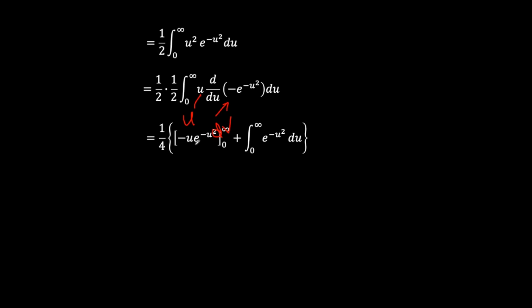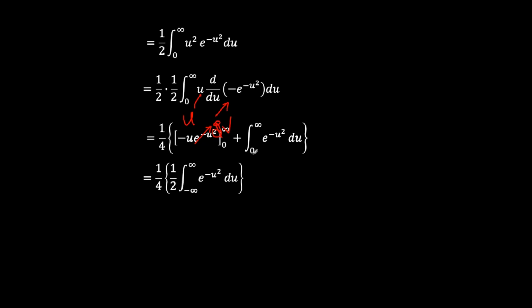Now with this, as u tends to infinity, this exponential part tends to 0, right? And when u is 0, this part also goes to 0. So this entire part goes to 0, and we're left with a quarter times half.